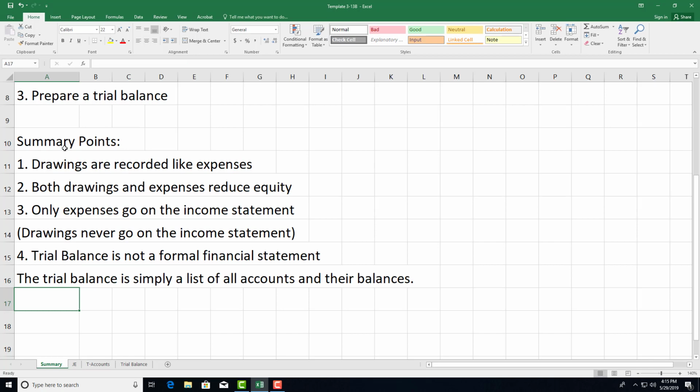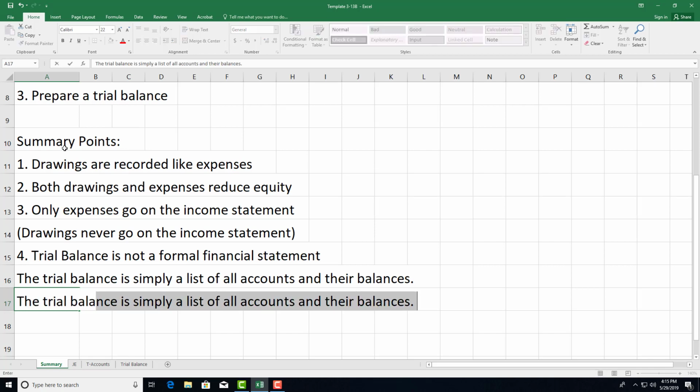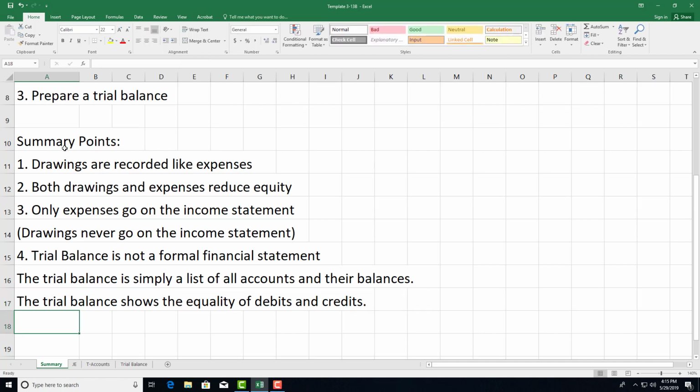One other thing we could add in there, the trial balance shows the equality of debits and credits. In other words, the trial balance shows us that debits and credits are equal to each other.